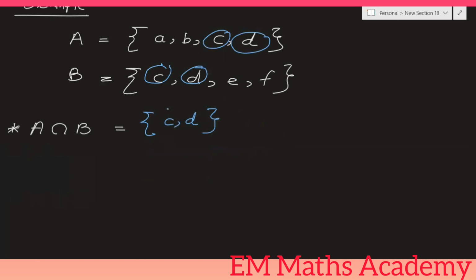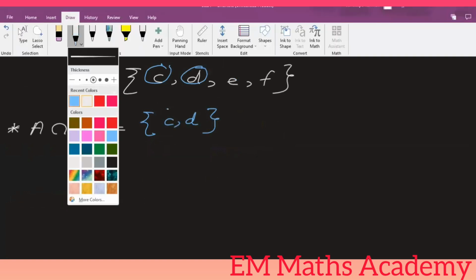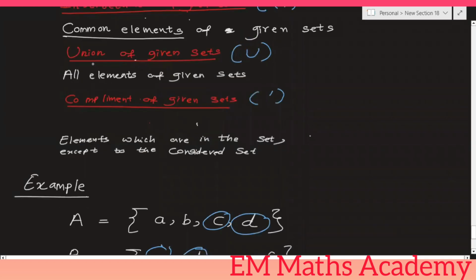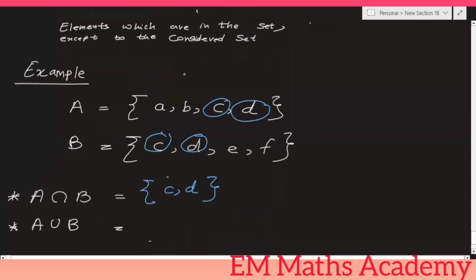The operation here is not adding, subtraction, multiplication or division; we pick the elements. Now A union B means all the elements of the given sets, not just the common ones.